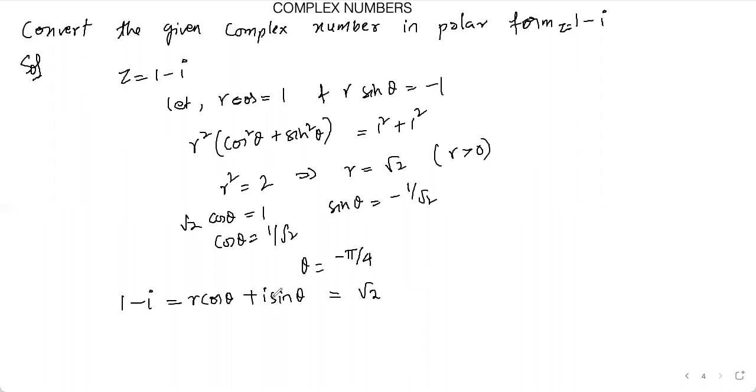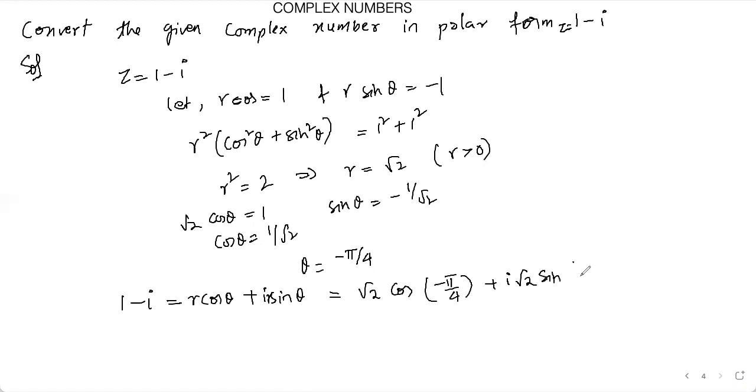Don't forget that. So root 2 cos theta, where theta is minus pi by 4 because it lies in the fourth quadrant, plus i root 2 sin of minus pi by 4.